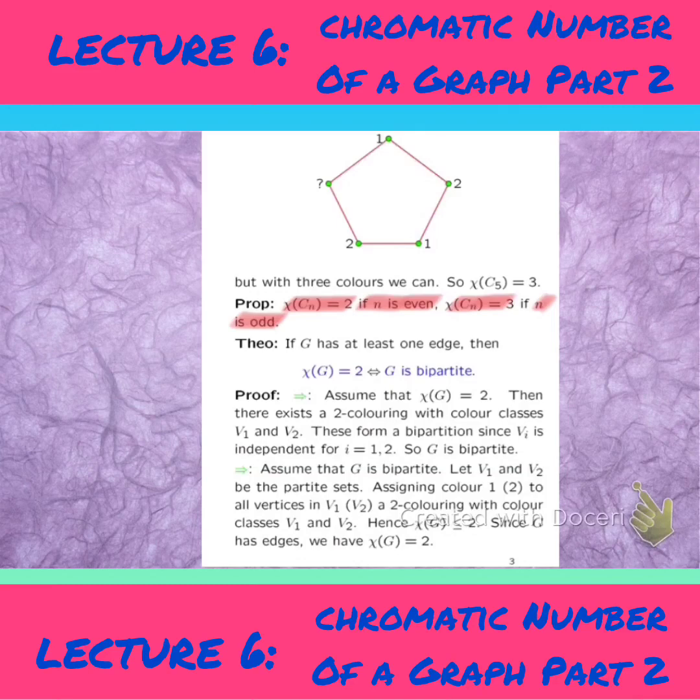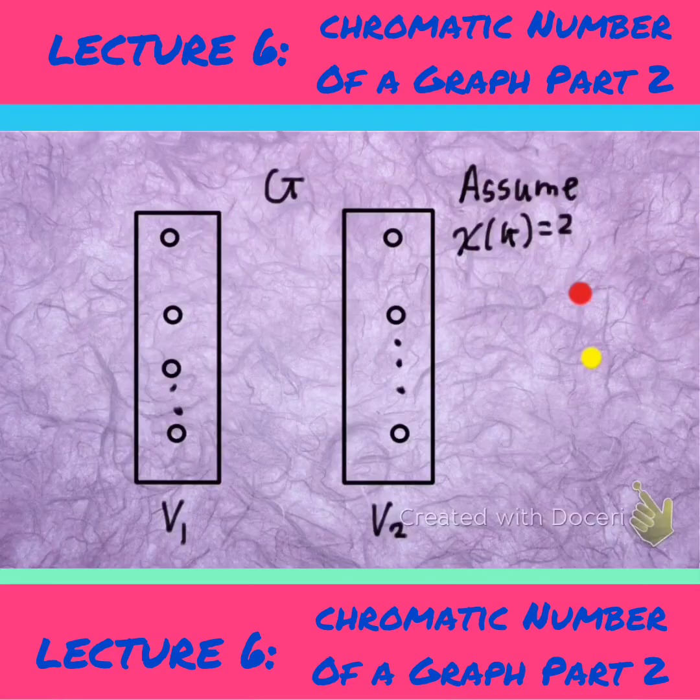So that just brings us to this theorem, which states that the chromatic number of a graph is 2 if and only if G is bipartite. All right, so let's assume that the chromatic number of G is 2. So we get 2 color classes. That means we have a situation where these 2 sets are independent.